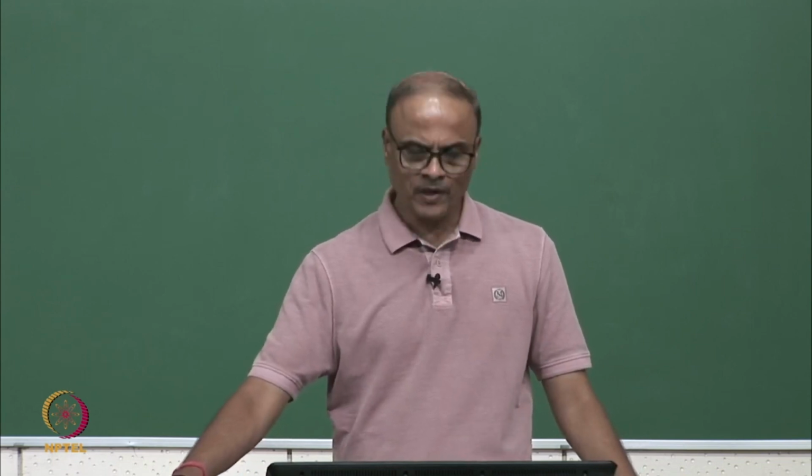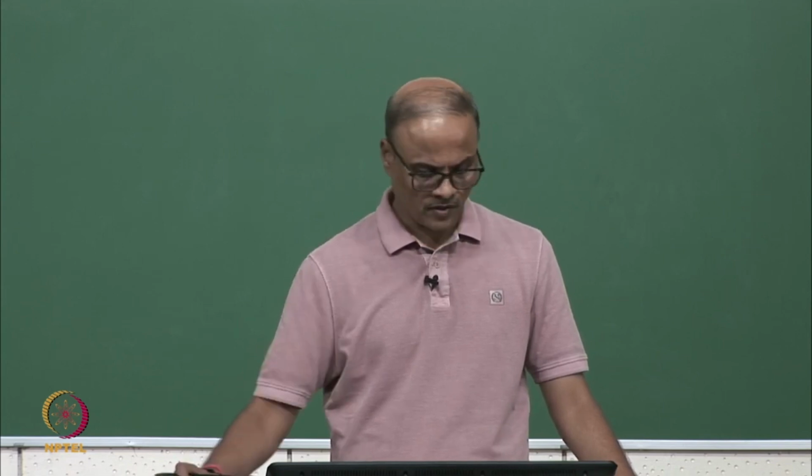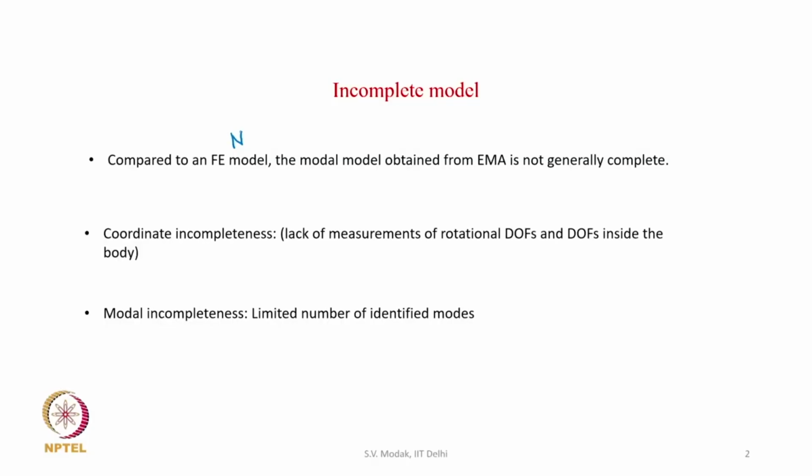The other incompleteness is associated with the number of modes that are measured, and that is referred to as model incompleteness. The number of modes which are measured in the experimental modal analysis is far less than the number of modes which are there in the FE model. If the FE model has N degrees of freedom, then there are N modes the model can predict.